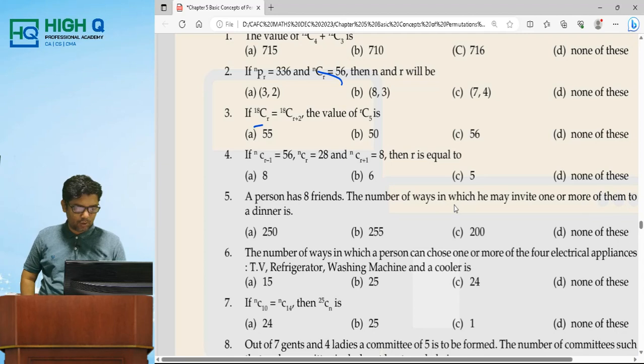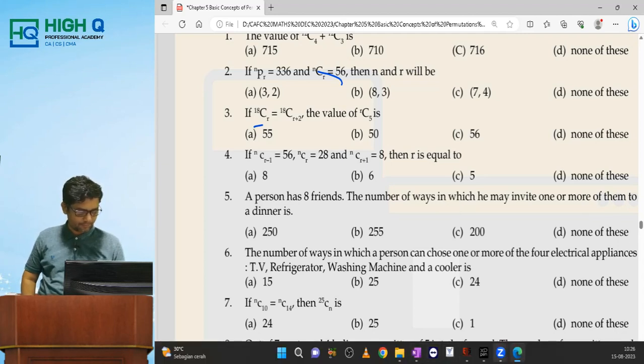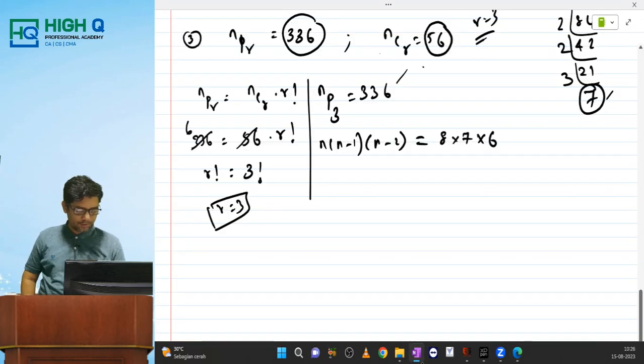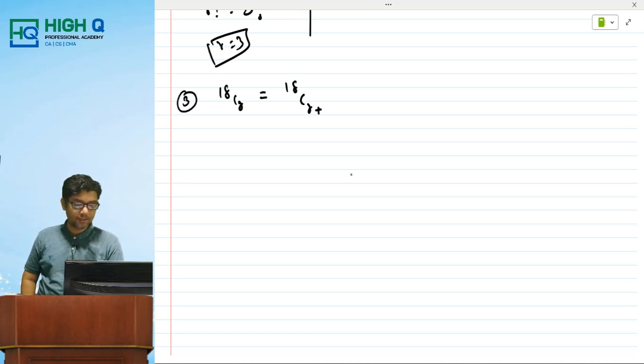18CR is equal to 18CR plus 2. Find the value of RC5. What is it, my dear? Fourth sum, na? Which sum? Okay. 18CR is equal to 18CR plus 2.